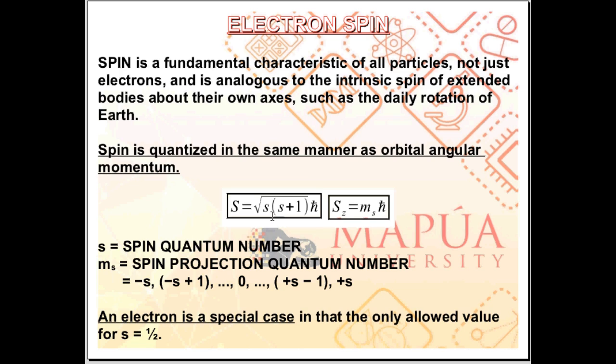Small s is referred to as the spin quantum number, whereas ms is the spin projection quantum number, and it depends on small s. Ms is negative s, negative s plus 1, and so on, up to 0, and then up to positive s minus 1, and then positive s.